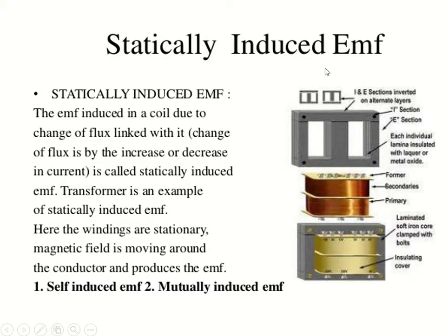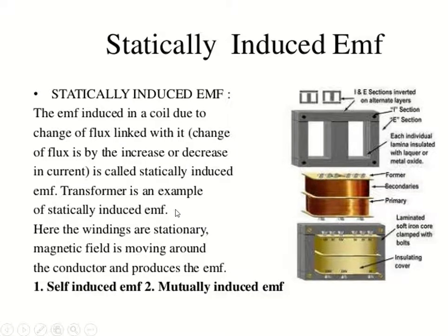Next is statically induced EMF. As the name says, it means stationary: coil as well as magnet are both stationary. Then how can we produce the change in flux? Change in flux is produced by increasing or decreasing the current. We apply current through the coil, and by changing the value of current you can change the magnetic field. So the EMF induced in the coil due to change in flux linked is known as statically induced EMF.